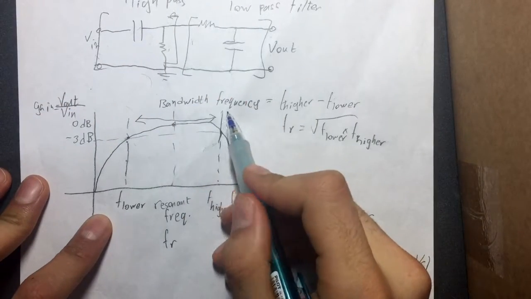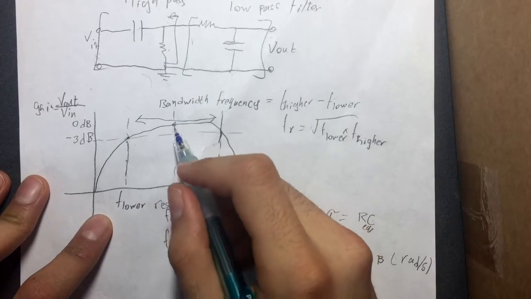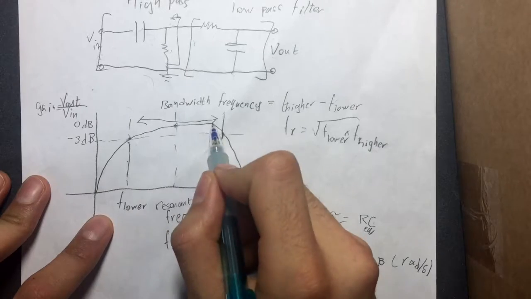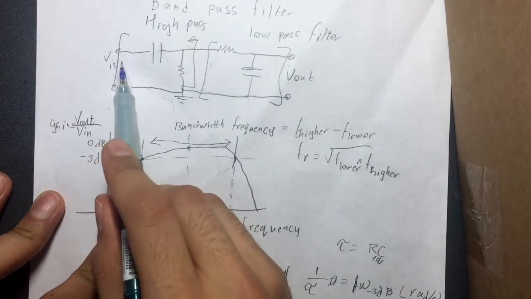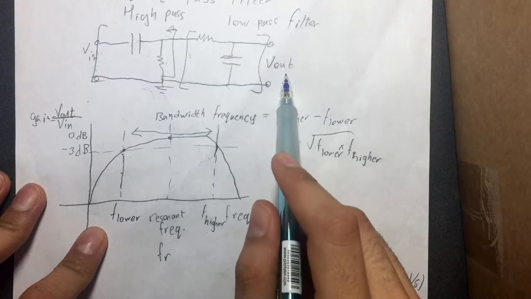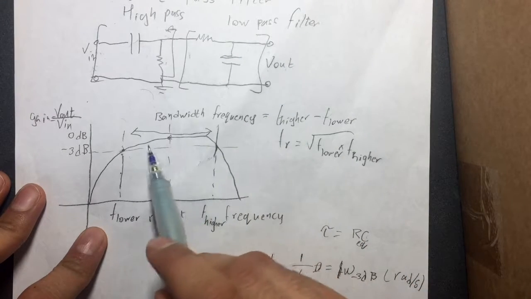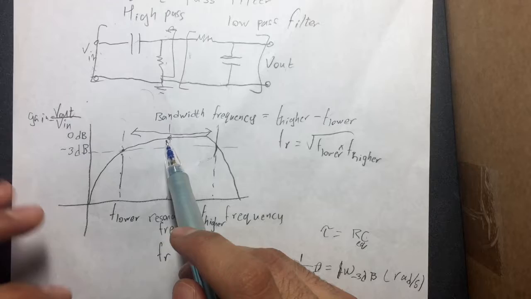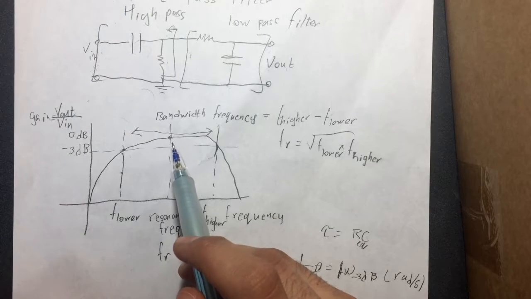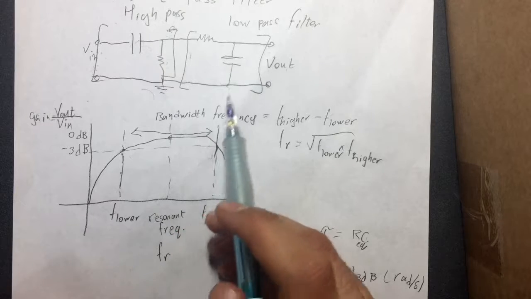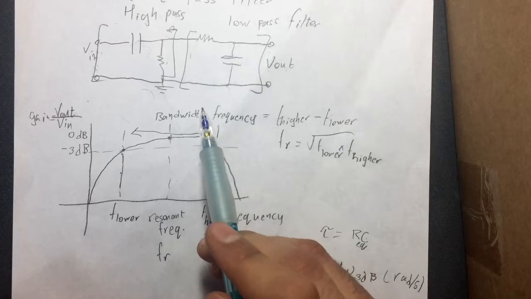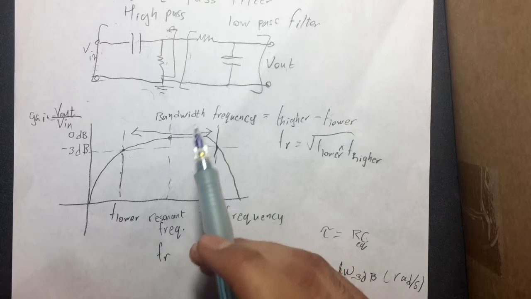And the bandwidth basically is the frequency that is allowed to be processed from the input signal, or input voltage, to the output voltage. This is what is expected to be passed through, and for us to, for instance, listen to the radio on 99.1, 91.1, these are called the bandpass frequencies that we listen to radio stations on.